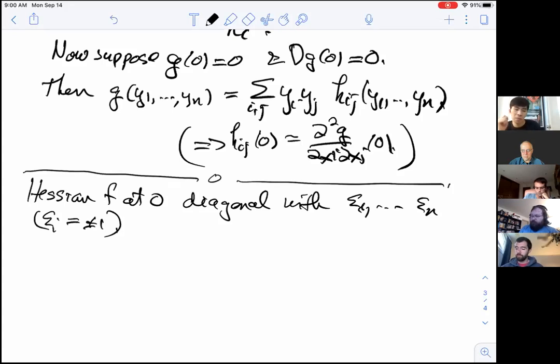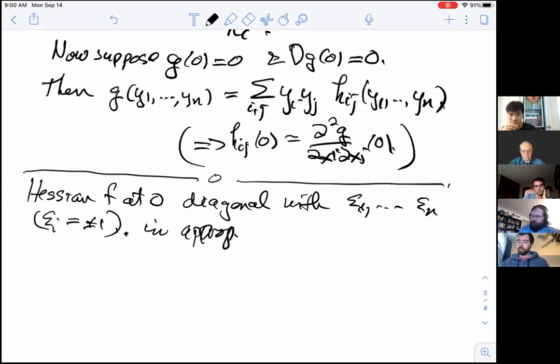So by a linear change of coordinates, I can turn the Hessian into a diagonal matrix with plus and minus 1s down the diagonal. I don't get any zeros because I'm assuming this is a non-degenerate critical point. So the Hessian only has plus and minus 1 eigenvalues. That diagonalization is done by a linear change of coordinates. I can apply that linear automorphism to the change of coordinates, so that in fact I have local coordinates in which the Hessian is diagonal. Okay. So in appropriate local coordinates.